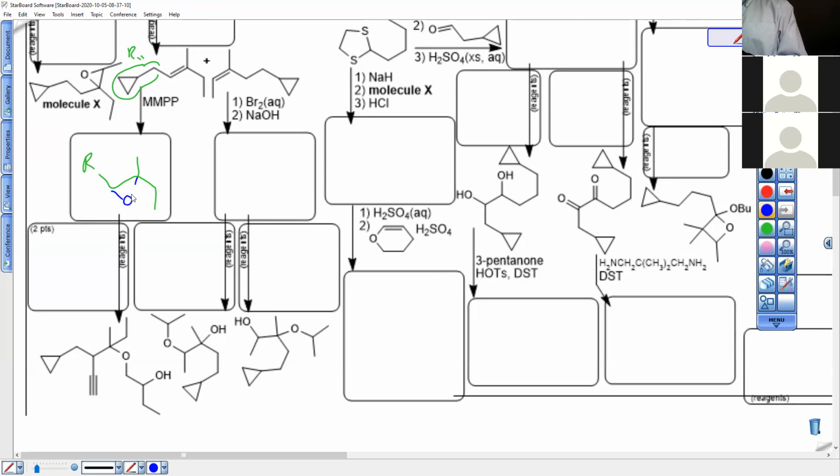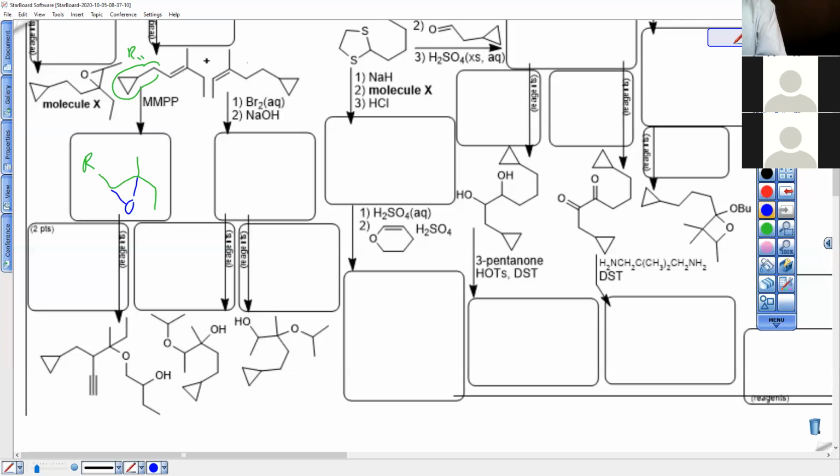Similarly, it doesn't have to be a wedge there. Let's do a nicer drawing. There. Similarly, bromination in water creates a vicinal halohydrin.